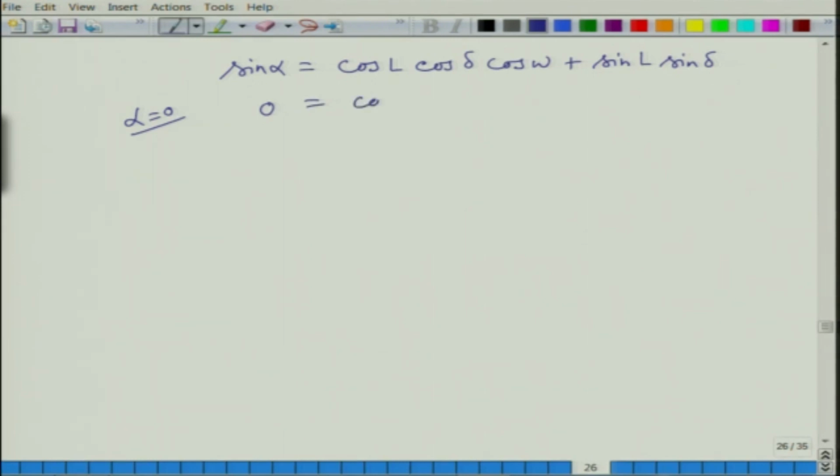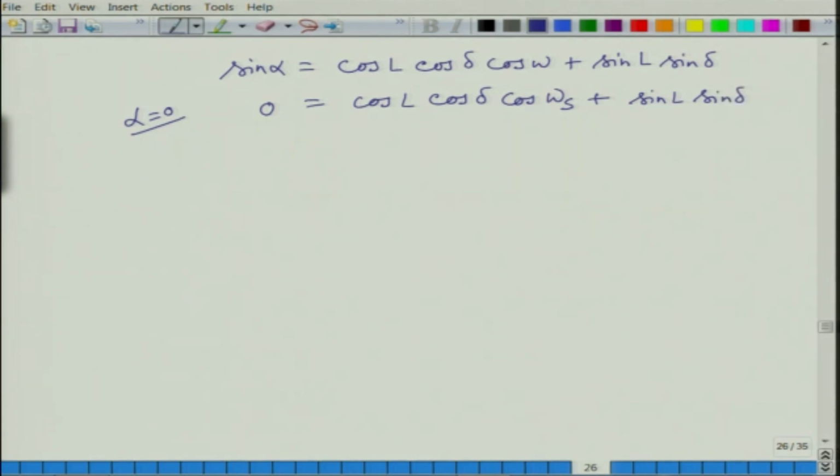So, we have cos L cos delta, and now we will write this omega to be omega s, because it represents either sunrise or sunset, plus this term does not change.